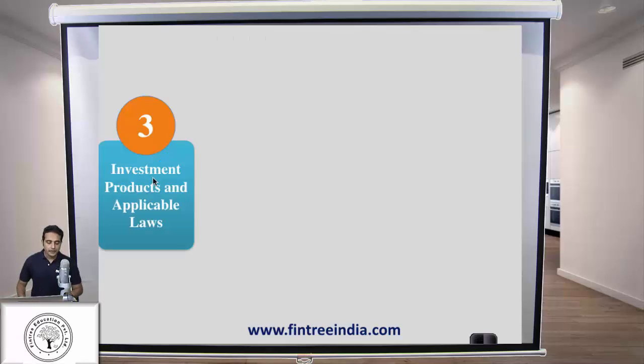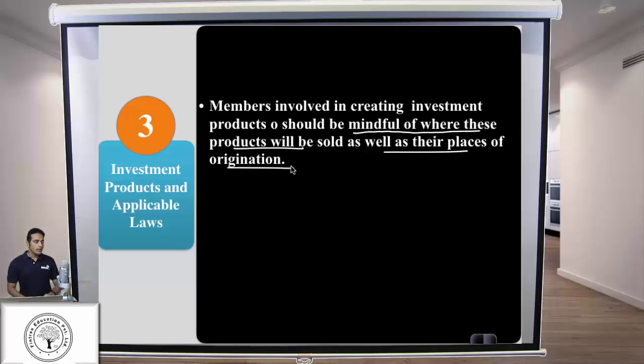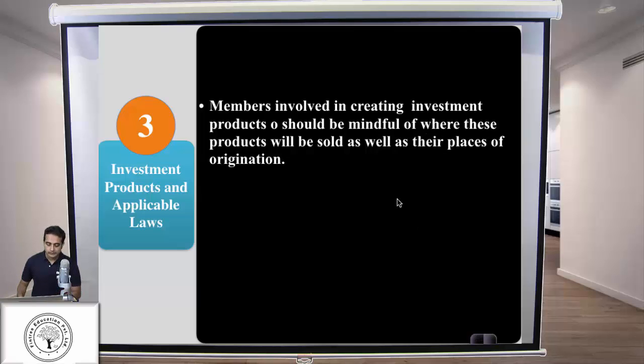Next one, products and applicable laws. Members involved in creating investment products should be mindful of where these products will be sold as well as their places of origin. So a simple example. In Arab countries, there is this concept of Islamic investments.